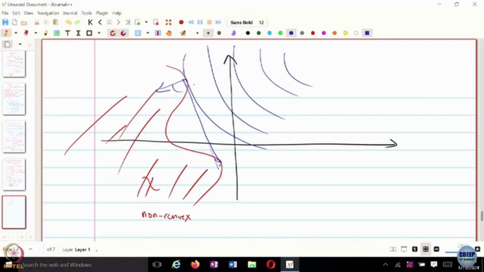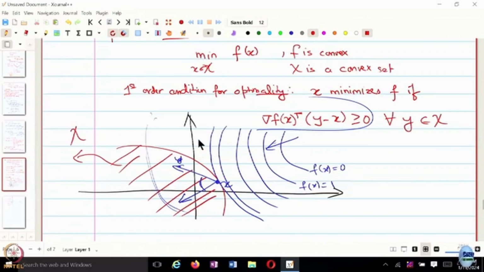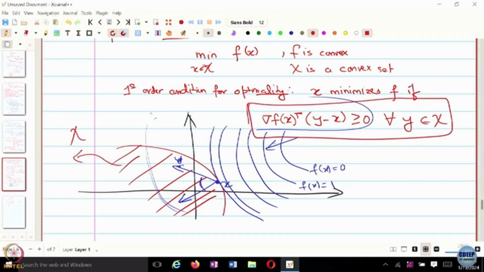So for convex functions, when you're trying to minimize a convex function over a convex set, the first order condition for optimality is this particular condition over here. Is this clear? If you are working with unconstrained optimization, let's say x turns out to be R^n.